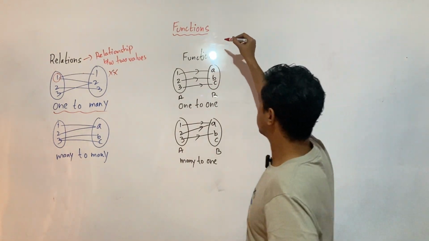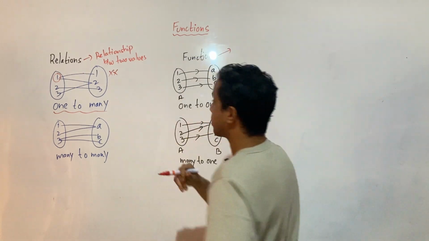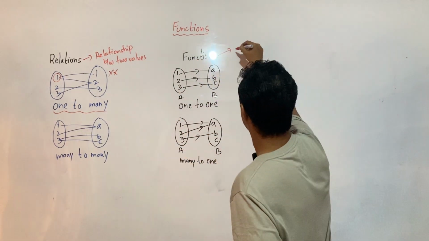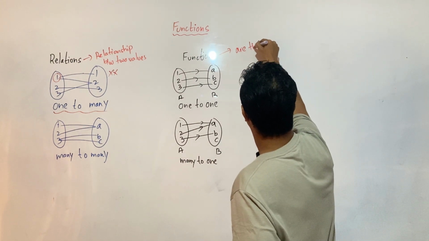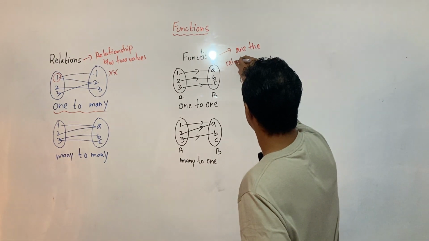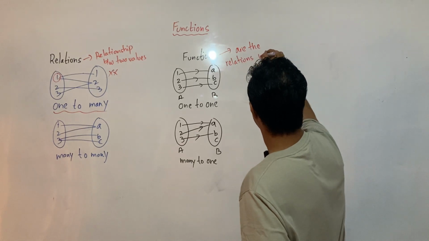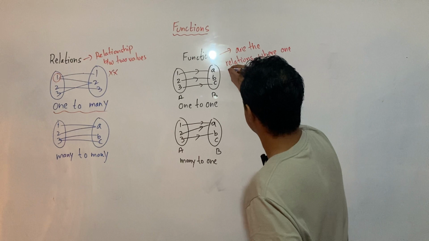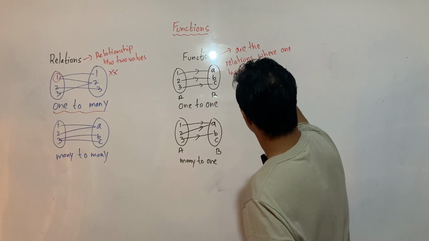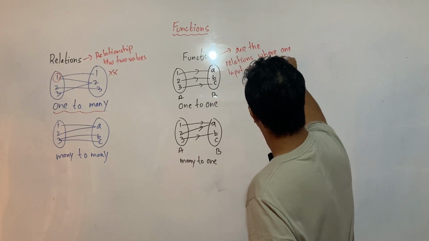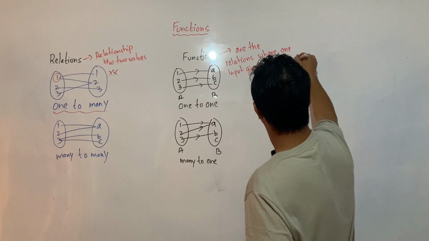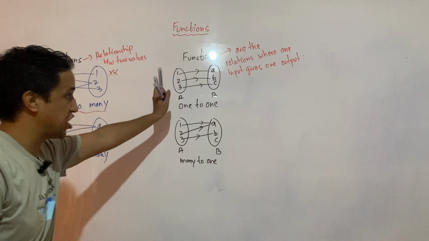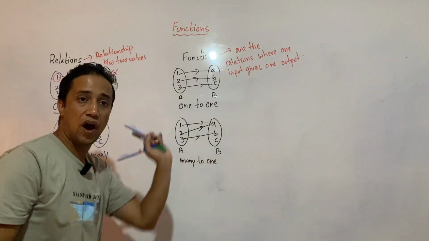Now, what is a function? Function basically is a relation, where one input gives one output. Here, if you look at each element in set A, it has one output.